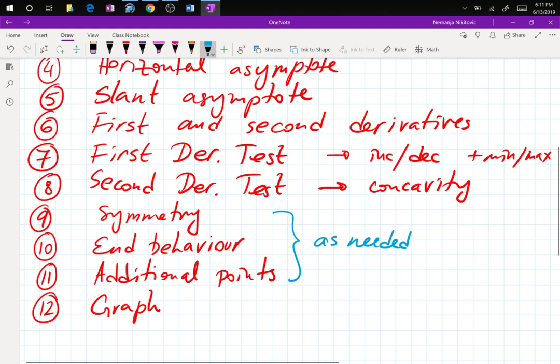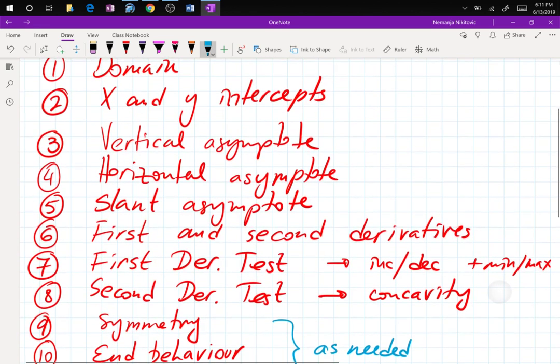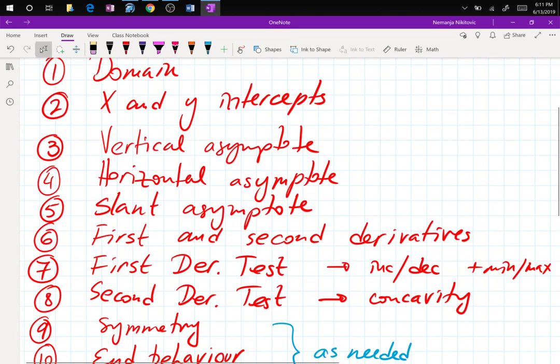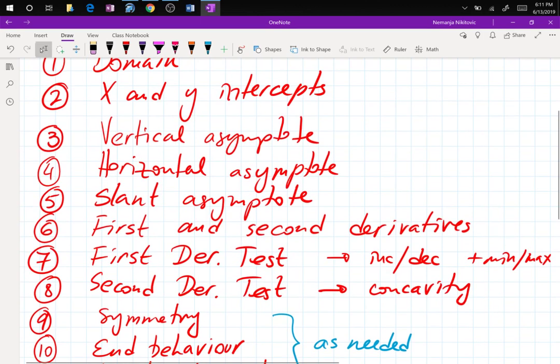And the reason for it is usually you have enough information from 1 through 8 to graph the function, and any additional information would be overkill. But in some cases you don't get enough stuff from 1 through 8, and then you have to go and work on additional points or additional stuff from there.